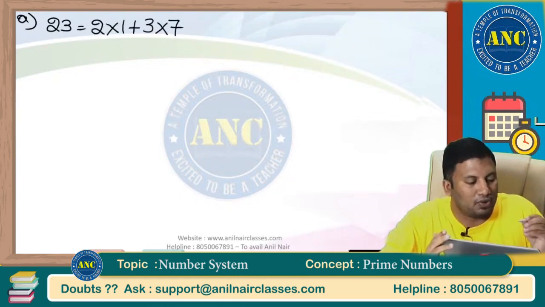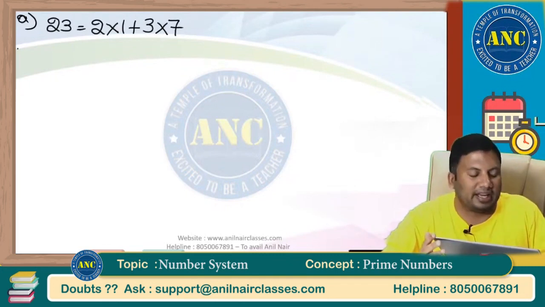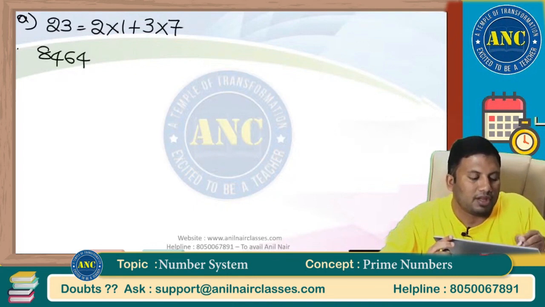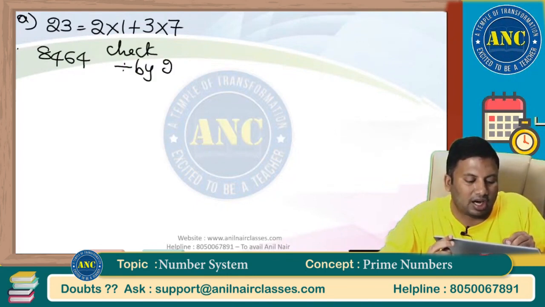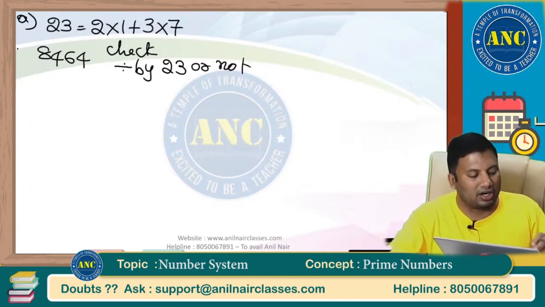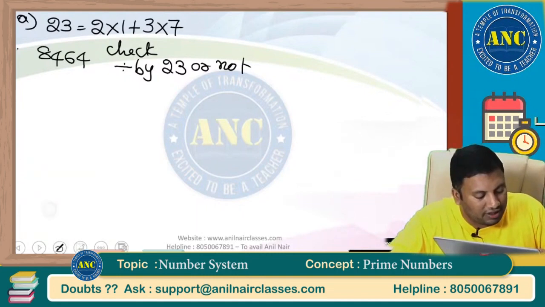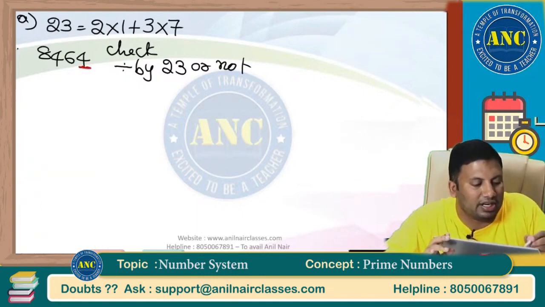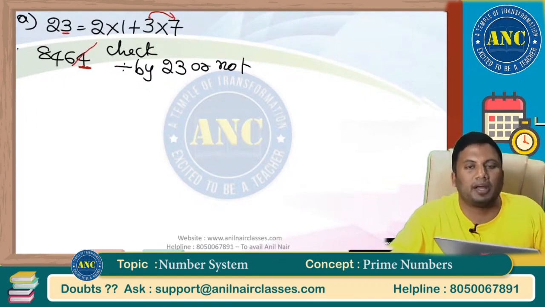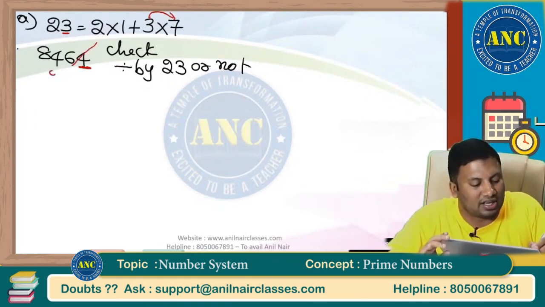Suppose for example, let me take the number 8464. Check whether it is divisible by 23 or not. What is the divisibility rule of 23? Take the unit digit and multiply by 7. 4 7s are 28. Add it to the remaining part.